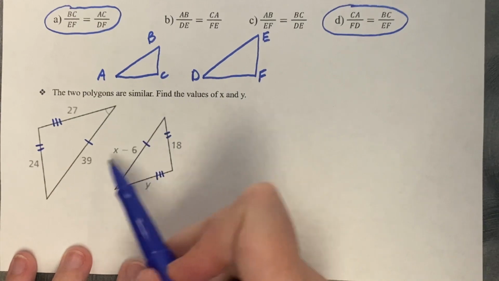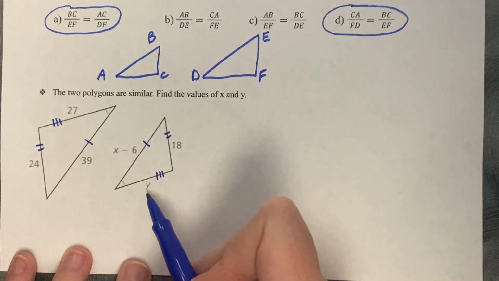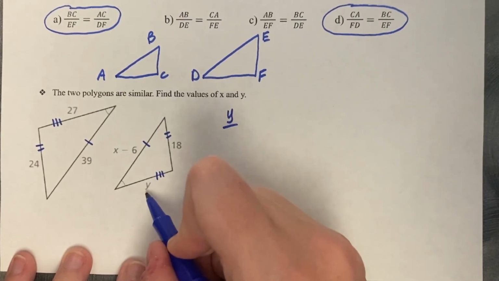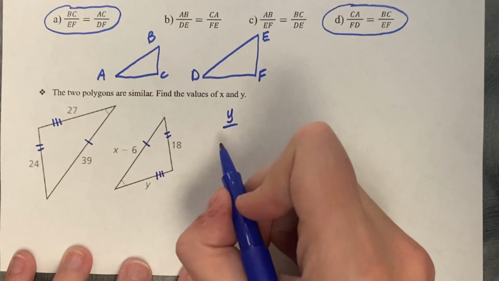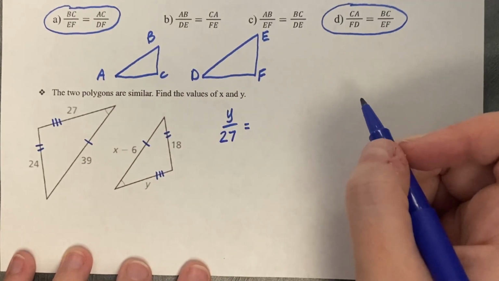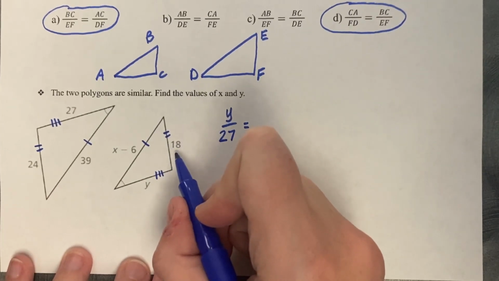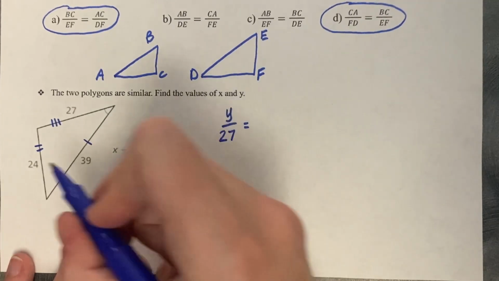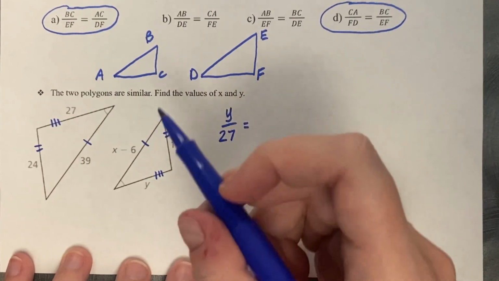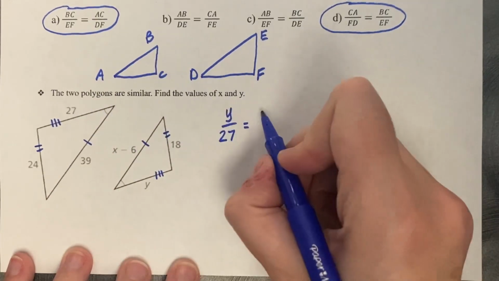Well, x has a match of 39. It's got a minus 6. Let's do that one in a second. Let's start with y. So who is y proportionate to? Y is proportionate to 27. And now we get to choose which other 2 lengths we'd like to compare, but the only other one that has a value on it is 18. So y is to 27 as 18 is to 24.